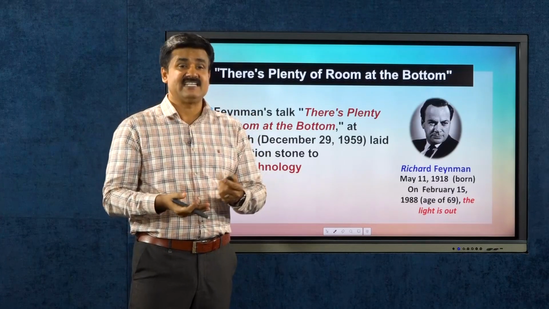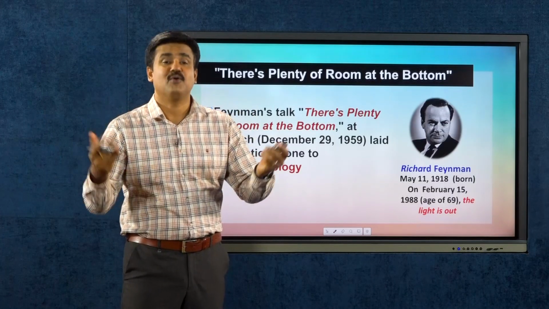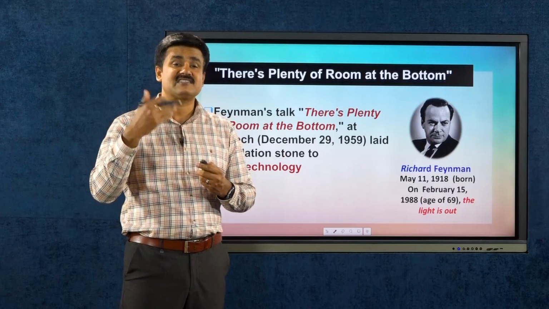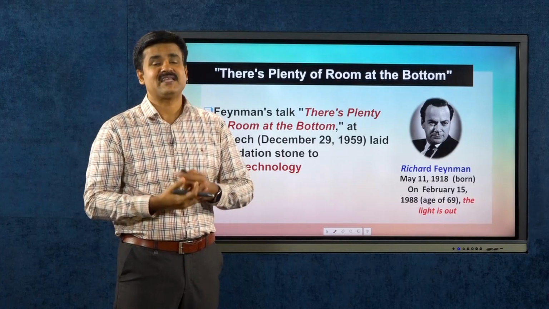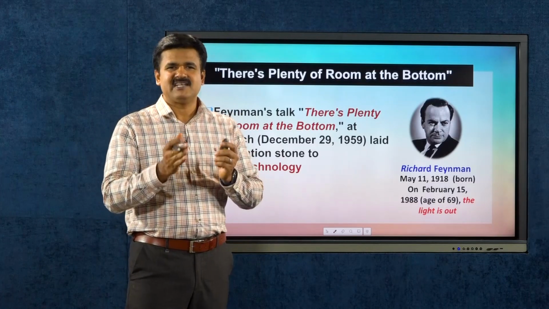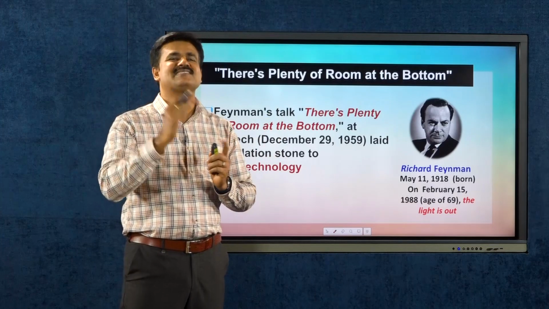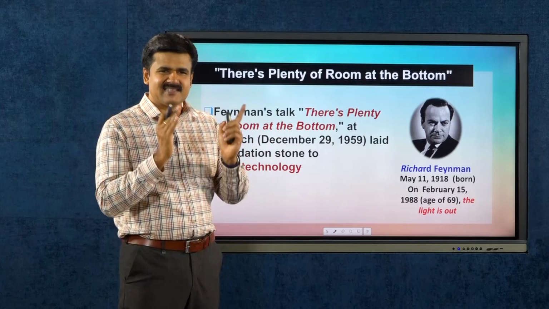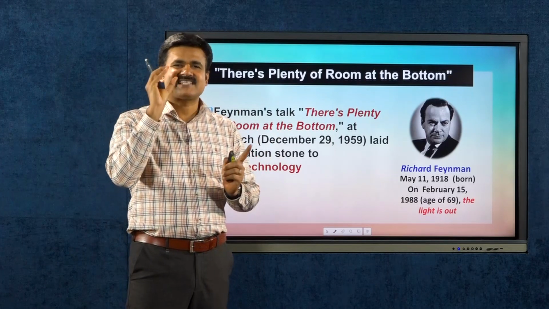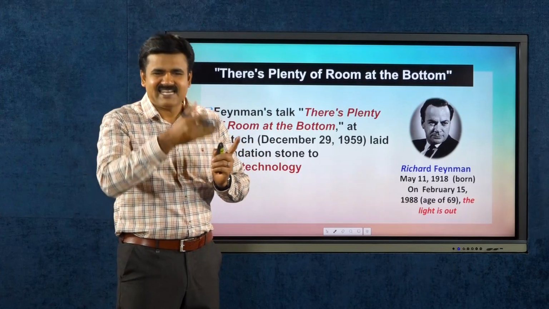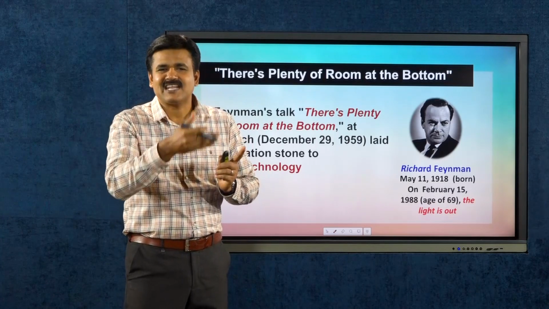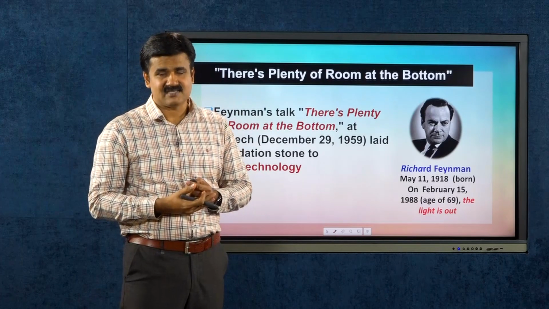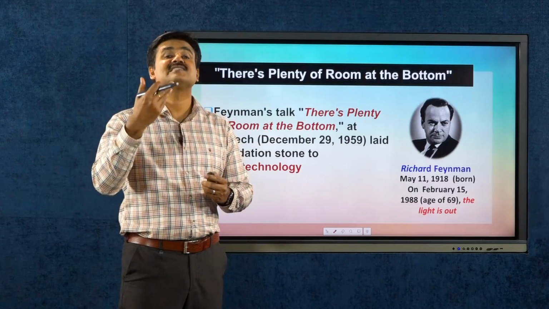For a scientist, the room is his laboratory, where innovations and several research works are being performed. So, Feynman suggested this statement to a team of scientists, and he implied that whenever we scale down a bulk material and enter the bottom, that means the atomic or nano level, there are enormous possibilities to be explored.